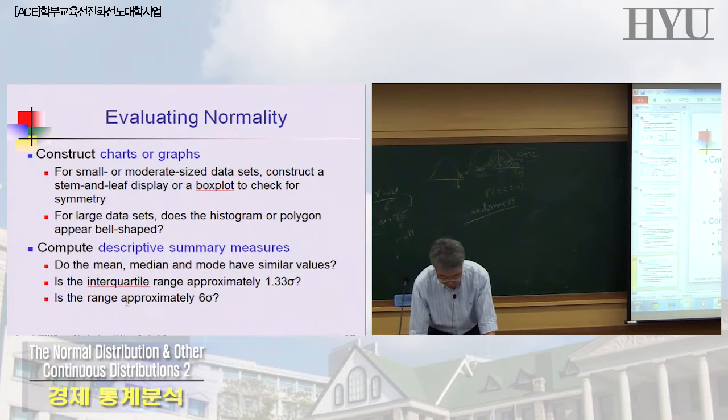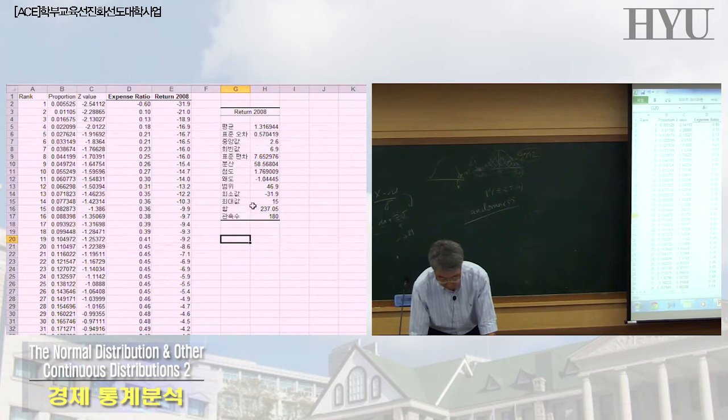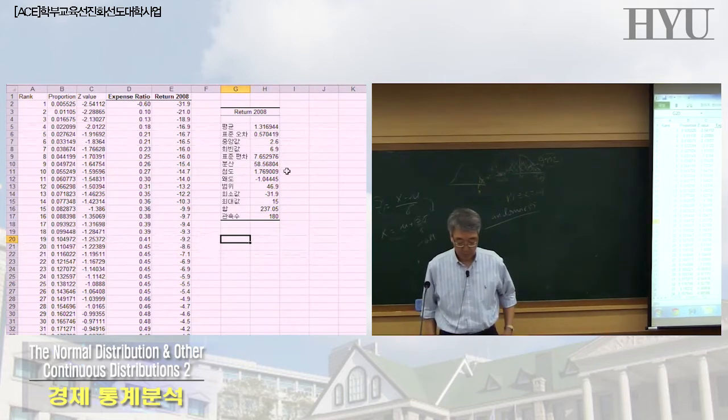Is the range approximately 6 sigma? So go back to here. The range is the distance between minimum and maximum. So that's about 46, 47, right? And sigma is 7.65, right? So is that about 6 times? 7.6 times 7 would be about 39 or so, slightly less than 40, right?